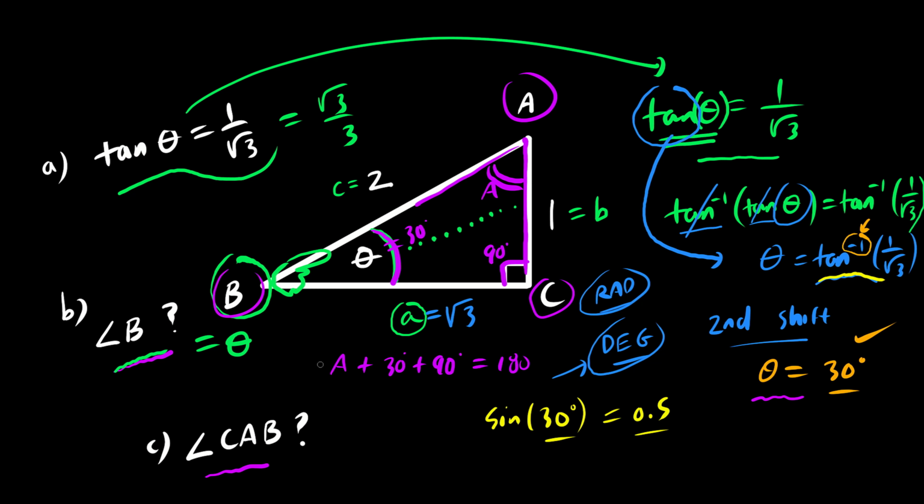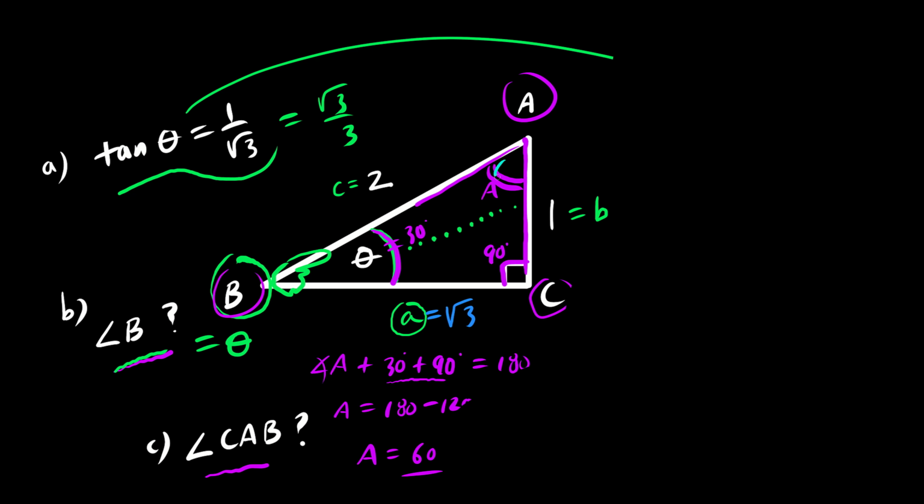You can call this angle A, or you can even call this angle CAB or BAC, all the same thing, but I think A is really nice. So what is A? A happens to be 180 minus, 90 plus 30 is 120, so 180 minus 120. So angle A is simply 60 degrees.